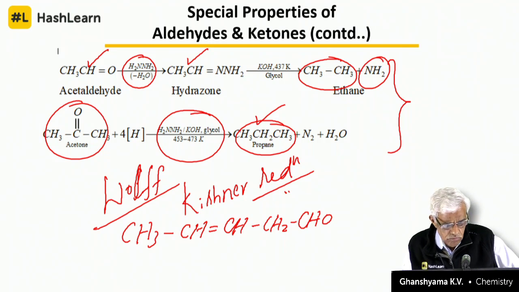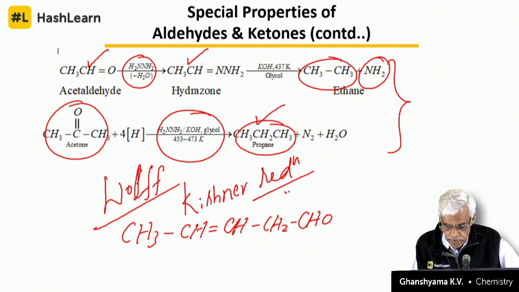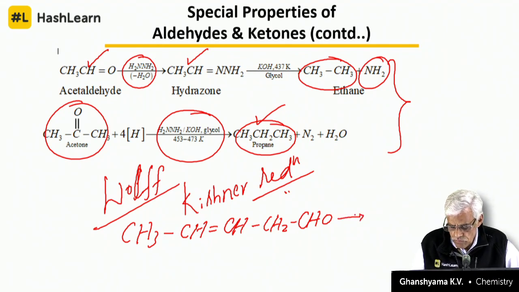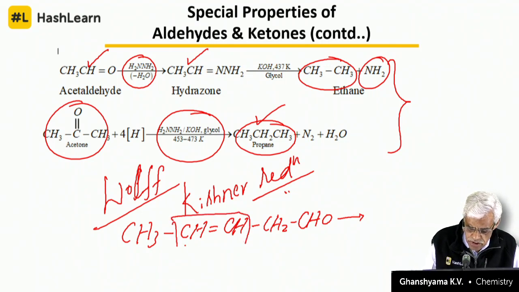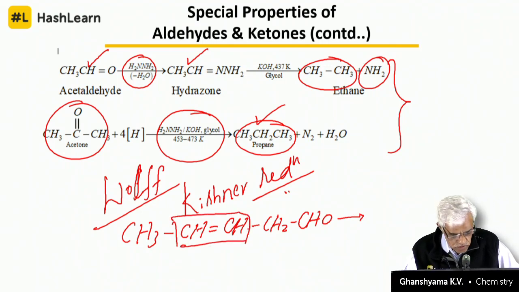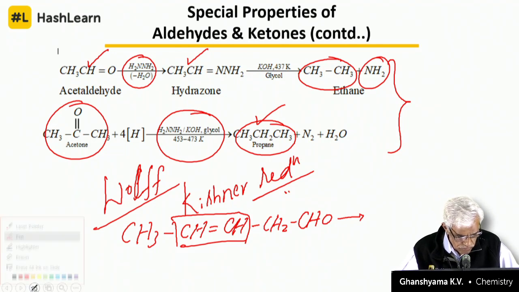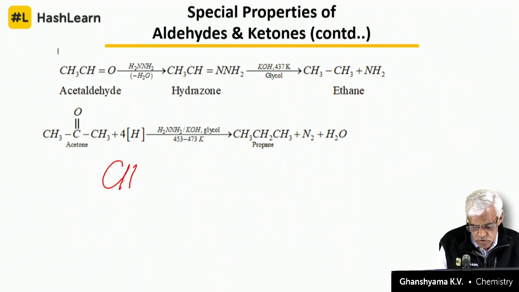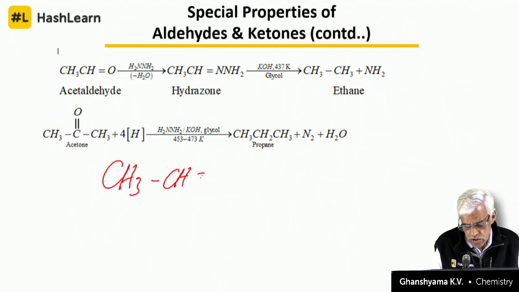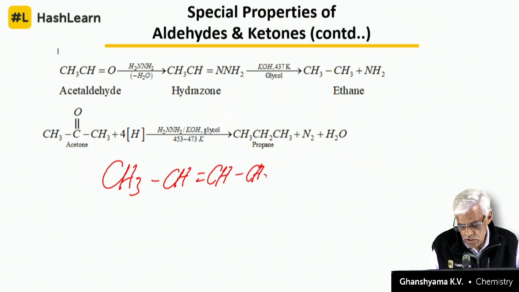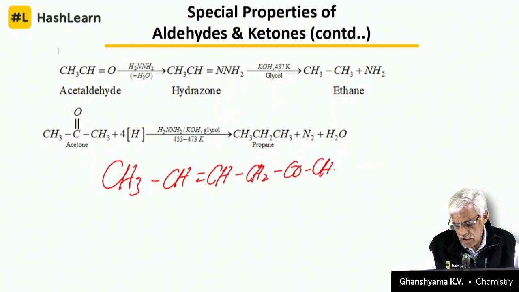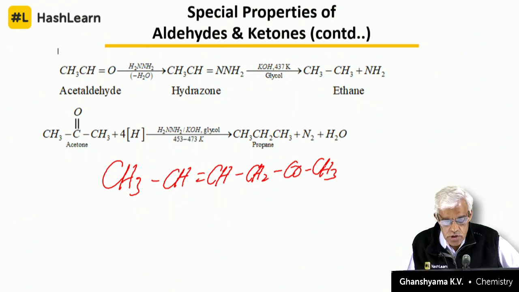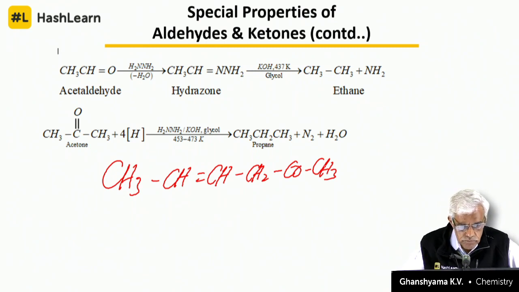If you use Clemmensen reduction, this will also be reduced. So, I repeat, suppose you have CH3, CH, double bond CH, CH2, COCH3.